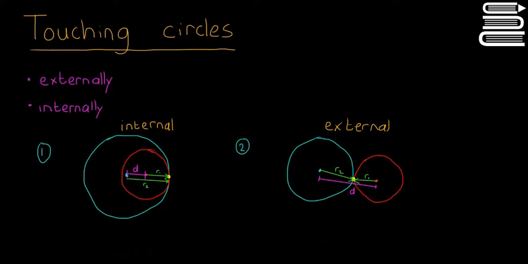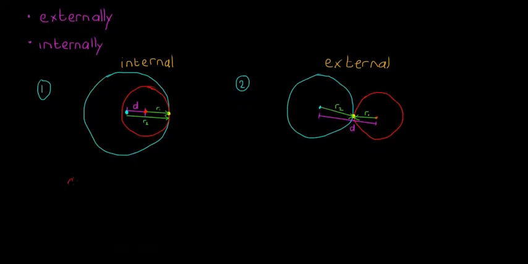So in this case here, this one center point is here, and then the second center point is this red dot here, and the distance between those center points is equal to d. Okay, so I'm going to write that down.